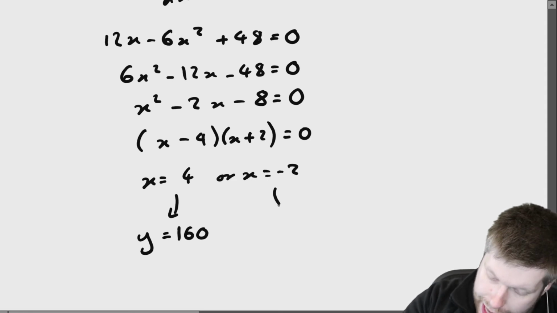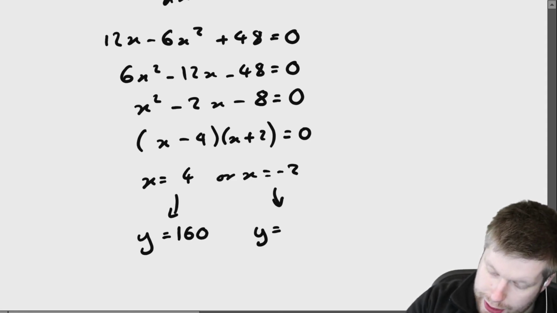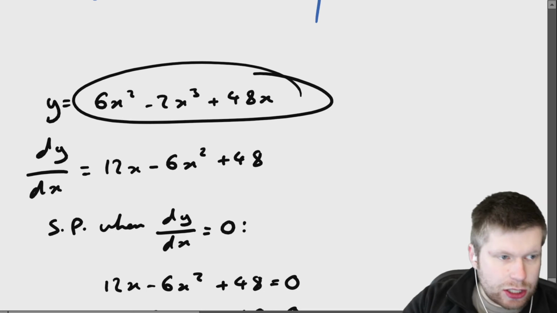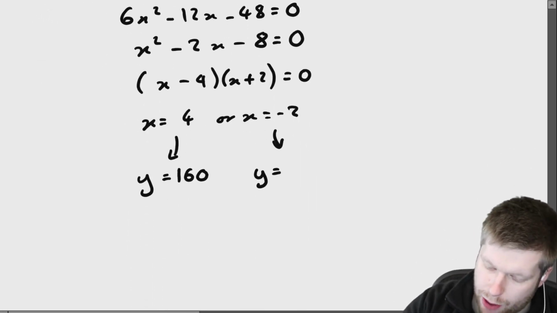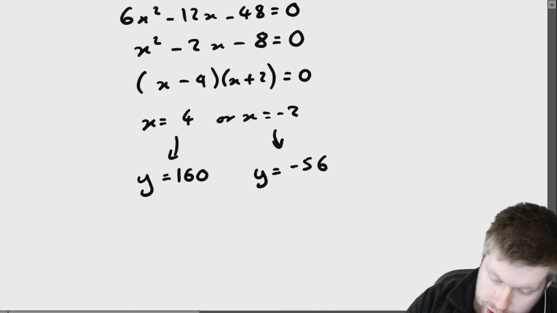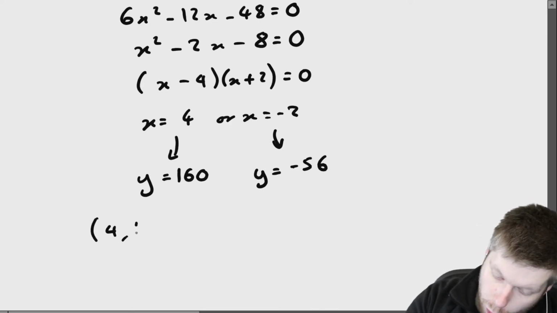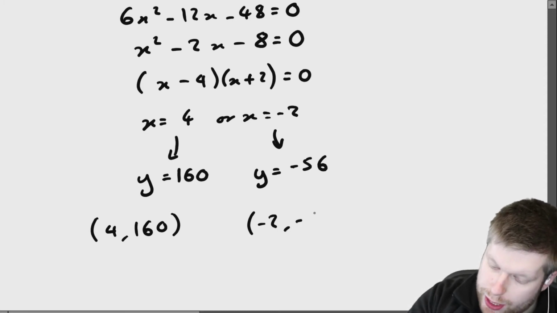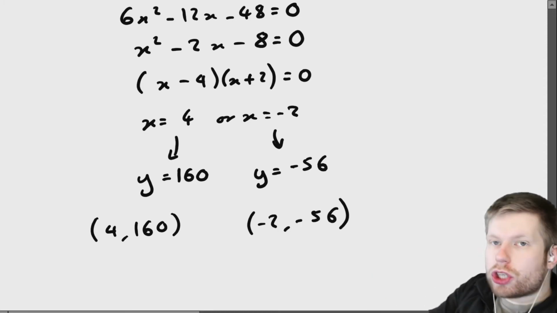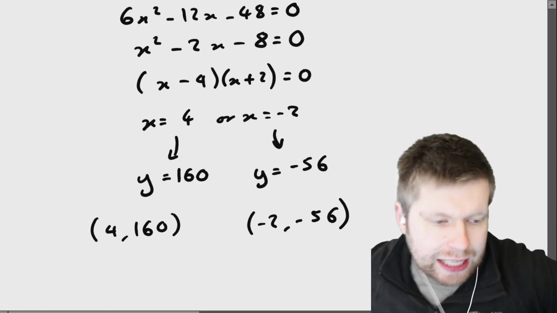If I use x equals -2 in my original function, I get -56. So my two stationary points are (4, 160) and (-2, -56).